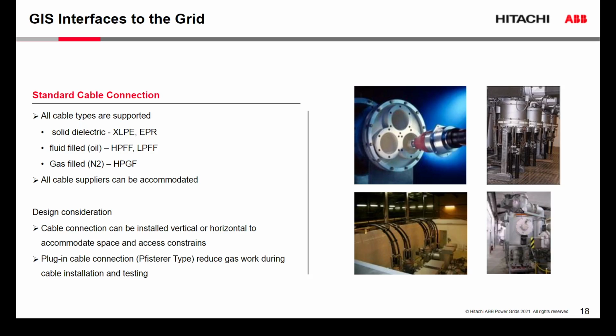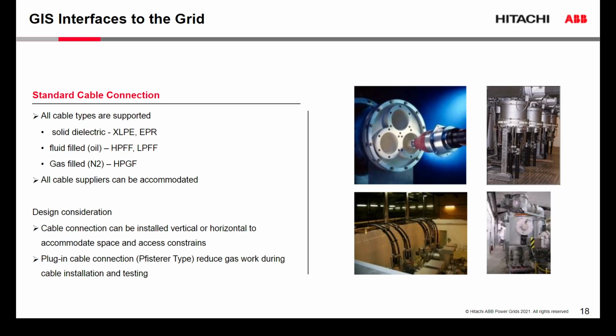So if you have such a cable designed, you are not required to have that cable removed and replaced by something different. All cable types can be interconnected. The same is true for all cable suppliers. It is not something the GIS supplier will come and tell you, that you have to use a specific cable supplier. All cable suppliers can be interconnected.